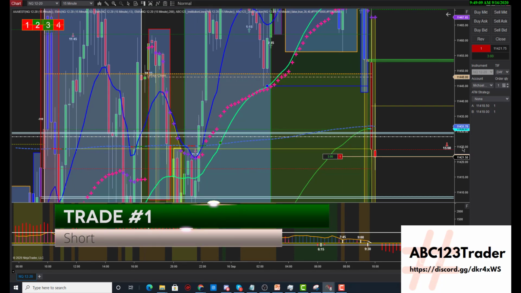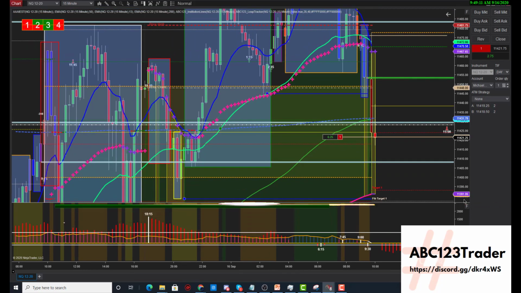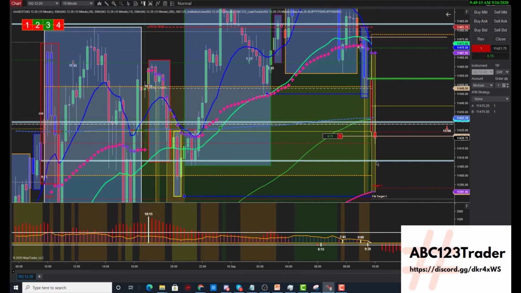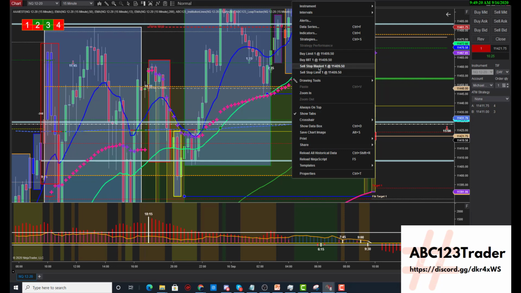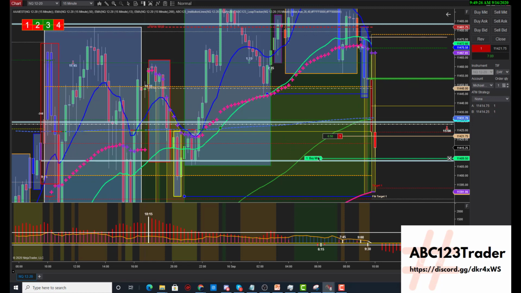Well, I guess we're in the trade now. So what we're going to look for is possibly our first target can be right at the market open price. So I'm going to go buy target, because I'm selling off right now. Okay, this is market open price line of a previous market open, so we'll keep it there. It almost actually hit it.